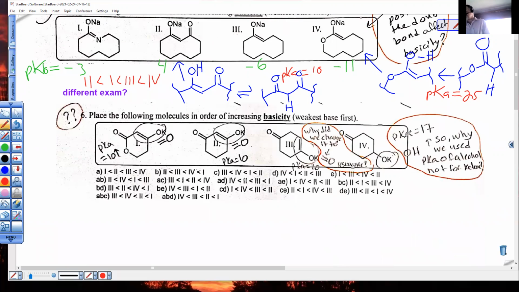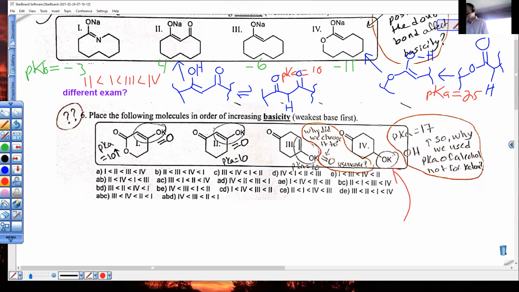This one, I think if you just read her question, the answer's actually hidden in it. She correctly noted that if there's an H here, the alcohol acid would have a pKa of 17. I agree. So why do we use the pKa of the alcohol, not the ketone? Well, what H came off first to make this molecule?